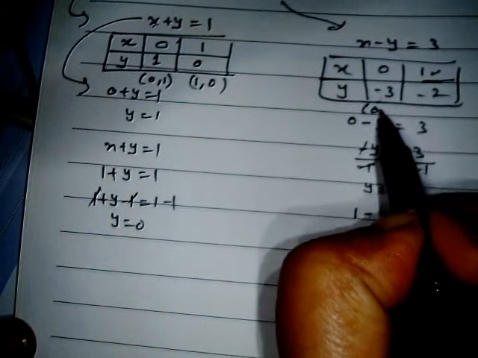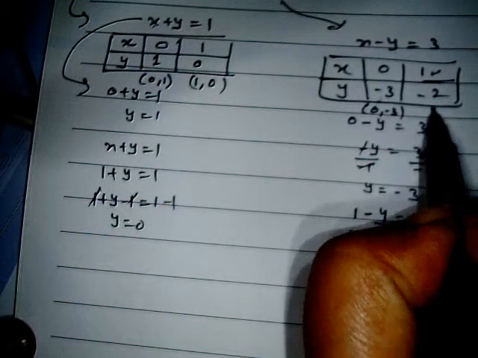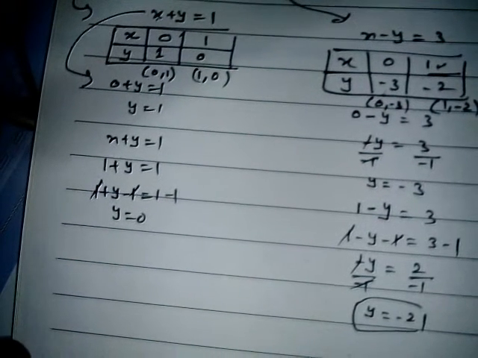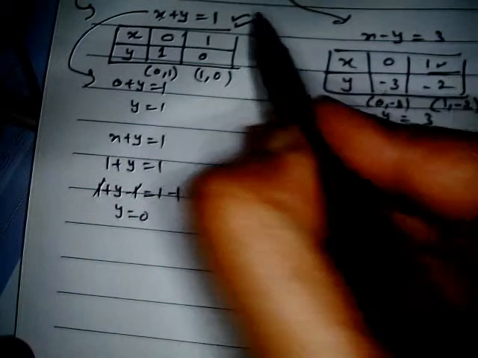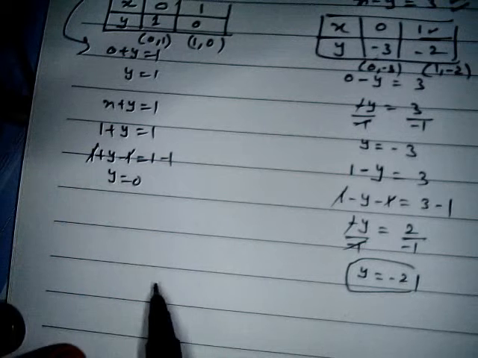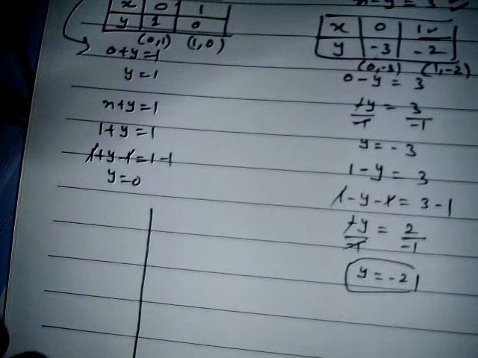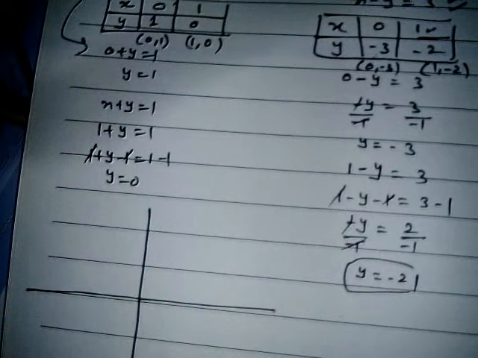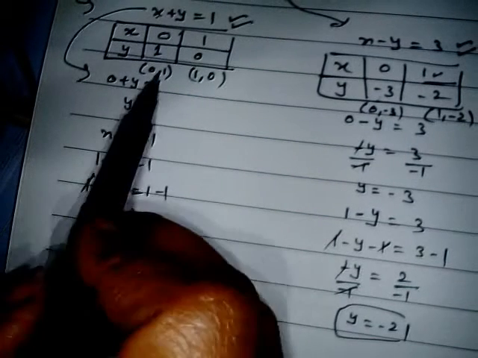Now I need to plot the graph for both equations, this equation and equation 2. Roughly, I am going to draw the graph over here for you. What coordinates do I need? Positive till 1, and over here till negative 3.